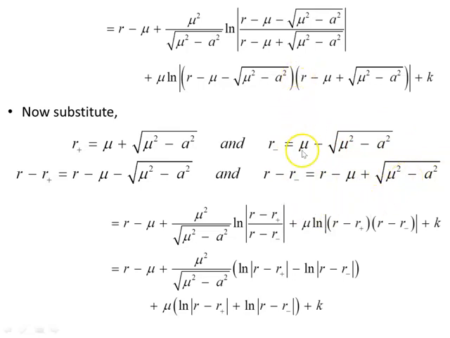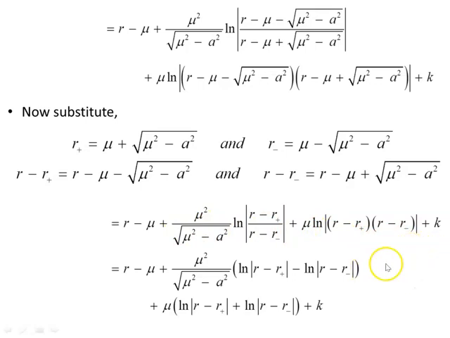And if you have a look in here, this one up here becomes r minus r plus, r minus r minus. And here, this becomes r minus r plus. This becomes r minus plus the k. And now the expression's starting to simplify a little bit.